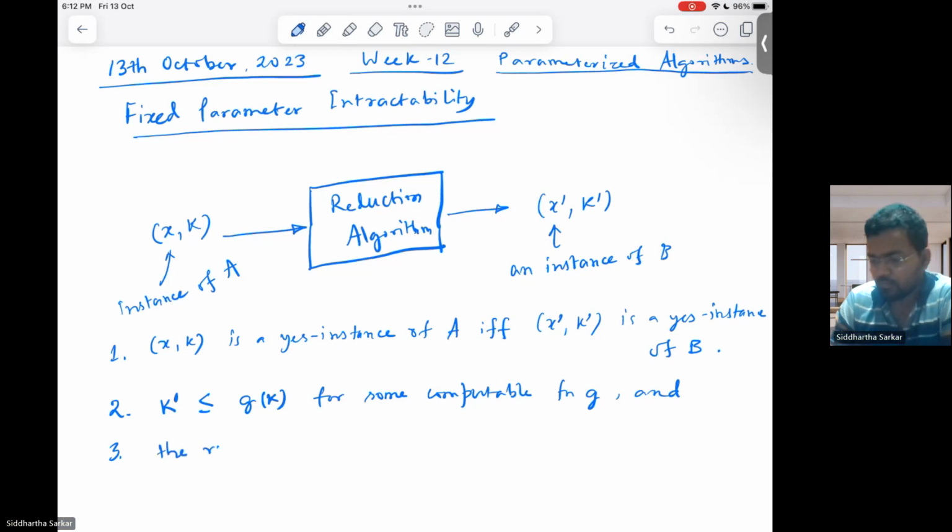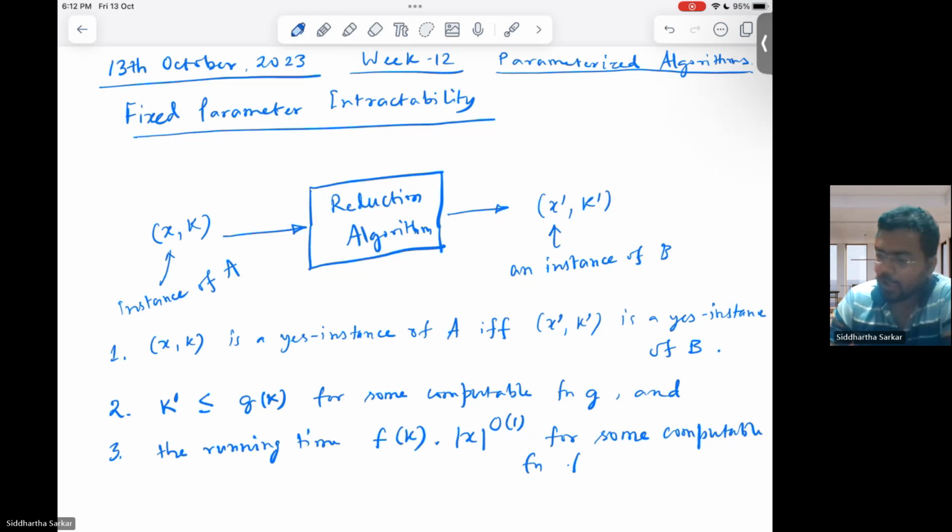The running time of this reduction algorithm should be some function f of k times a polynomial in the input size, where f is a computable function. Such an algorithm which satisfies all these three conditions is called a parameterized reduction algorithm.